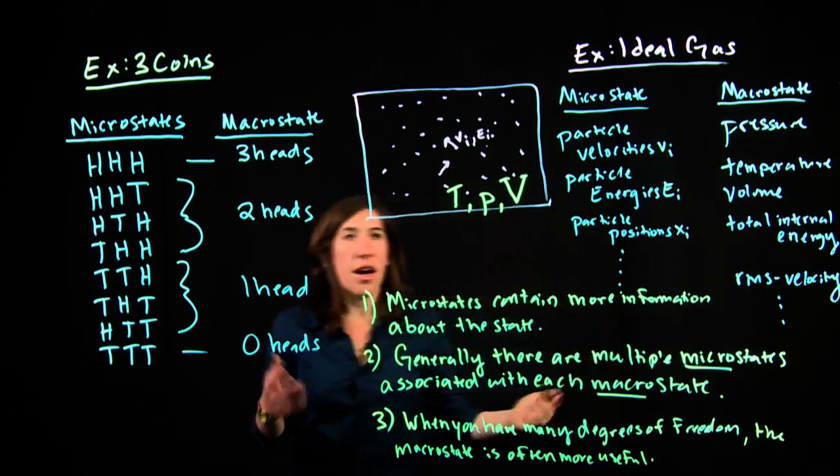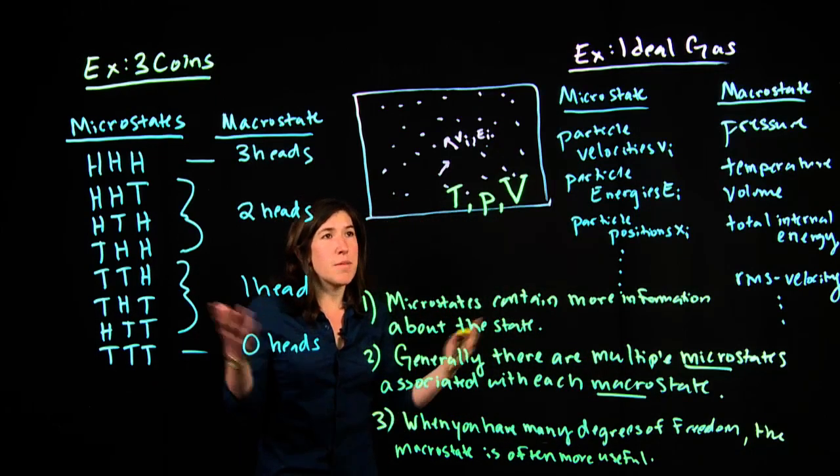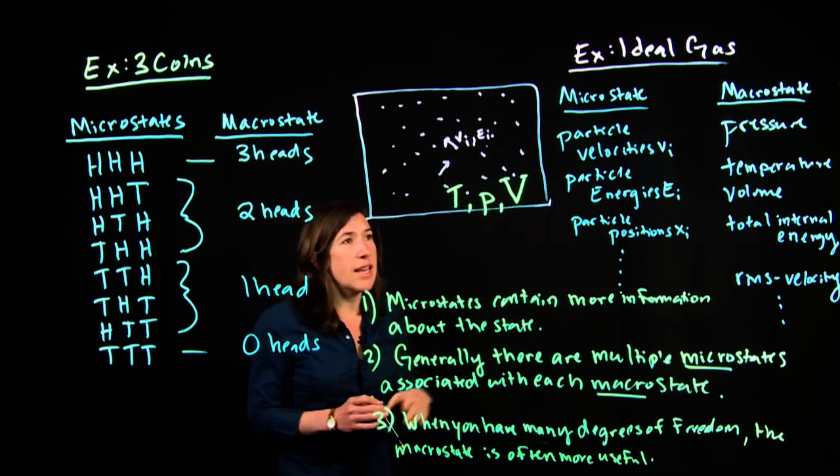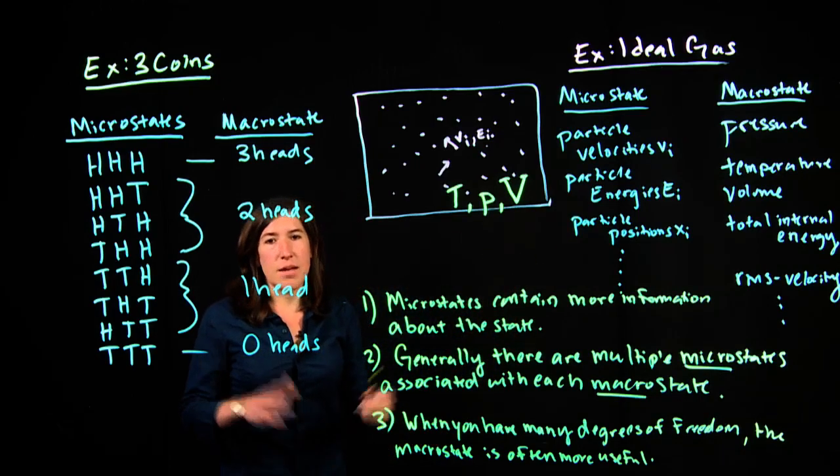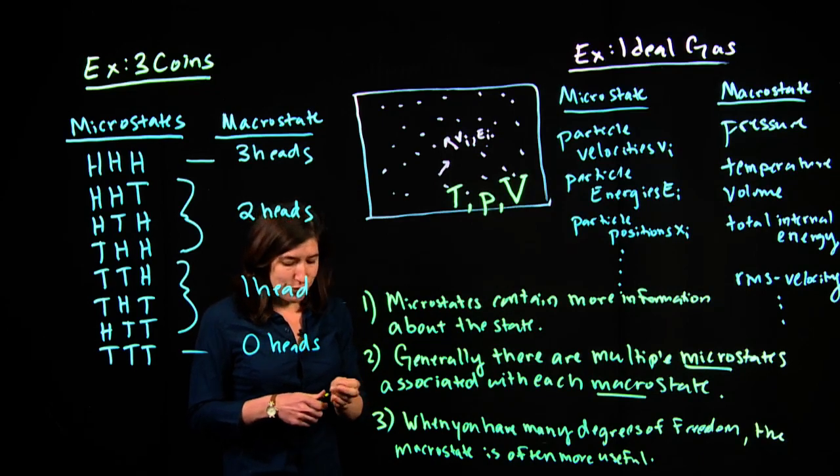And again, that's because often, like in this case of the ideal gas, the microstate is changing from second to second, whereas the macrostate might be staying constant. So it's a much more useful thing to talk about.